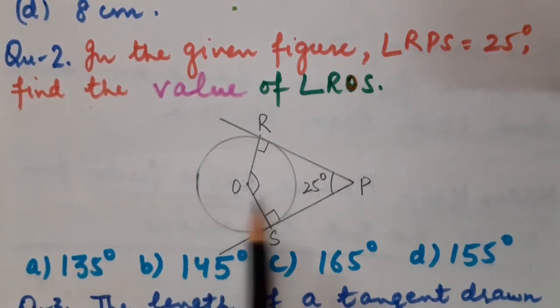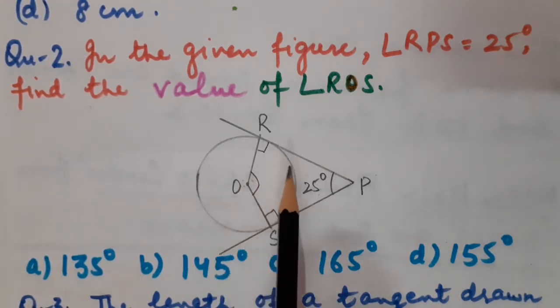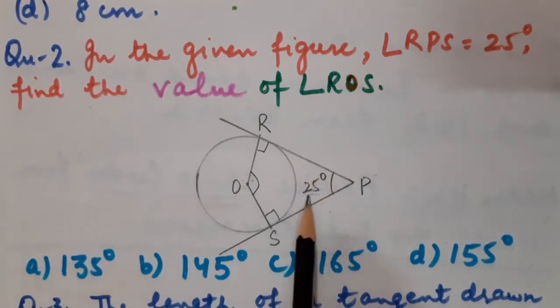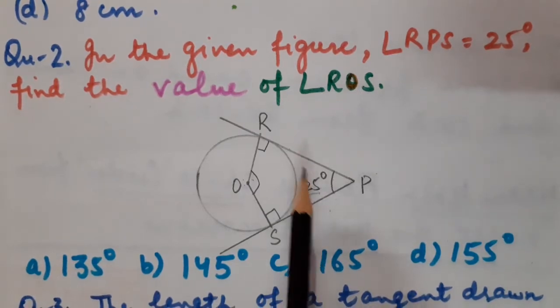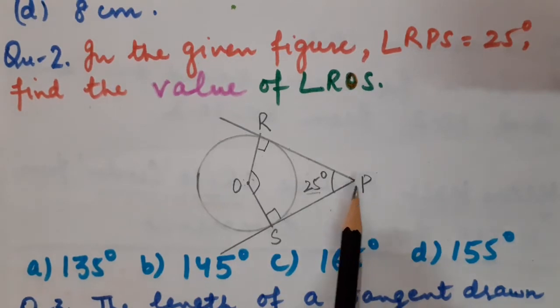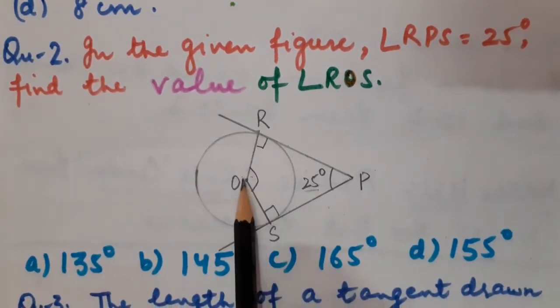Okay. There is one more way also. How can we solve it? You know, children, I made you understand one question, that was question number 10 of exercise 10.2. According to that question, the angle between two tangents, here you can see the angle between two tangents is 25 degree. The angle between two tangents drawn from an external point to the circle is supplementary to the angle subtended by the line segments.